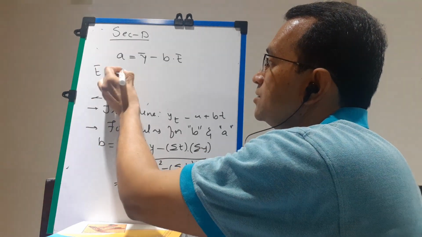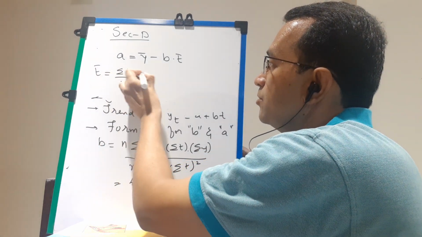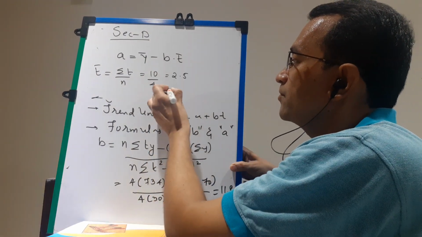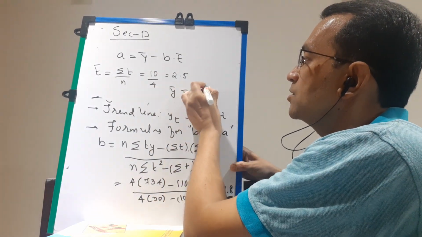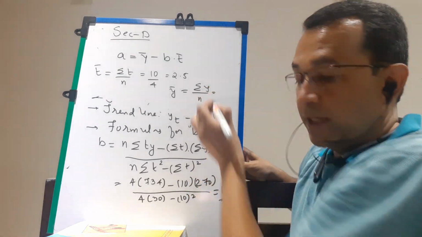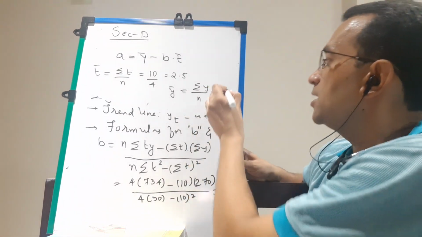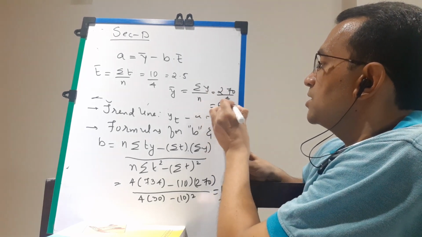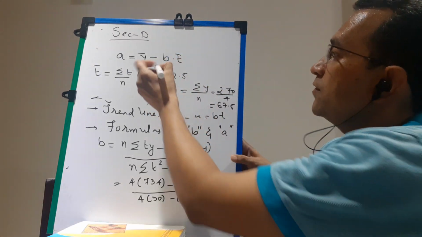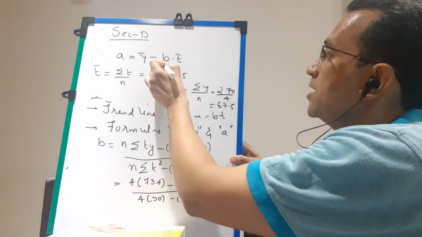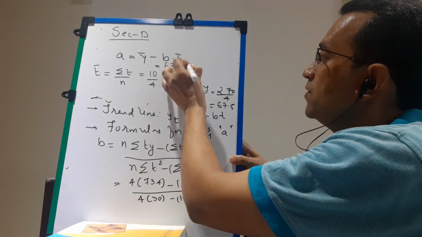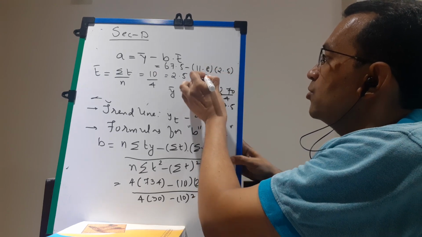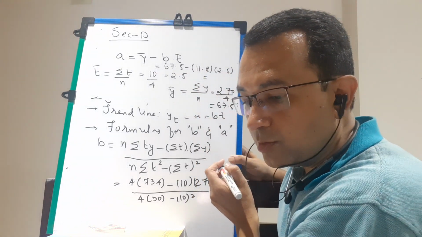T bar is equal to sigma t upon n, 10 divided by 4, so 2.5. And y bar is equal to sigma y upon n, 270 upon 4, and that is 67.5. Now if I substitute these values here, y bar is 67.5, b is 11.8 and t bar is 2.5, a turns out to be 38.